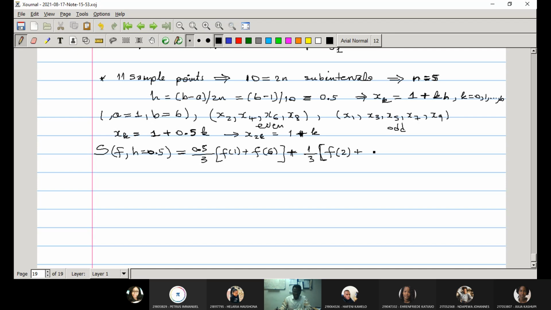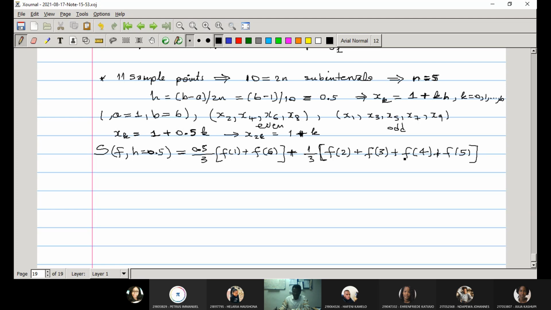Plus, because we are summing all this, now for 4 here, k has to be 2, so that will be 3. Now for 6, k is 3, then it will be 4. And finally, for 8, this will be 5. So we have 2, 3, 4, 5. We just increment by 1.